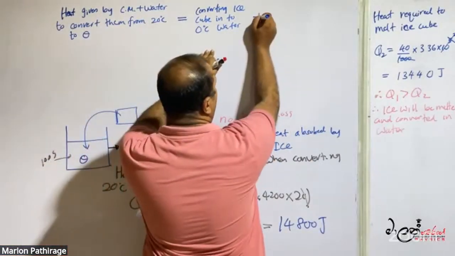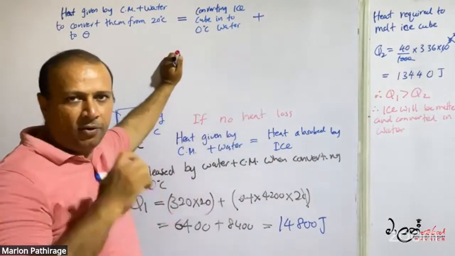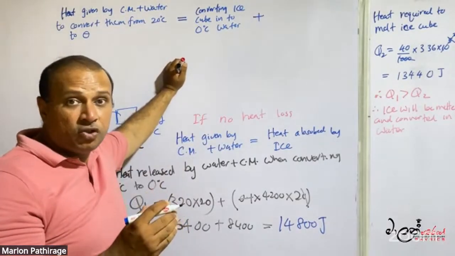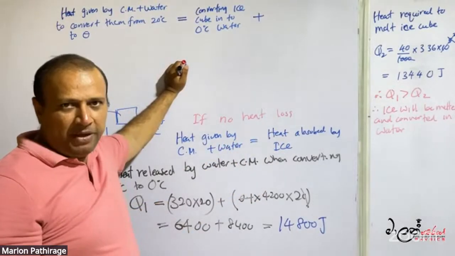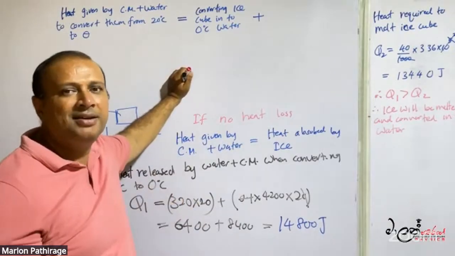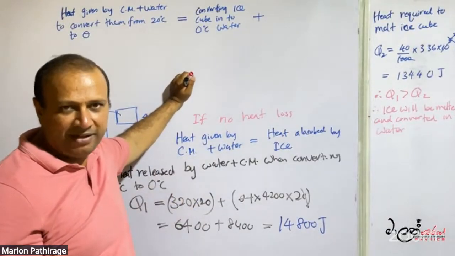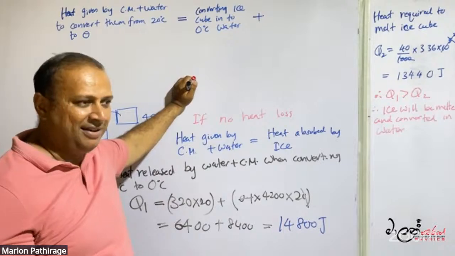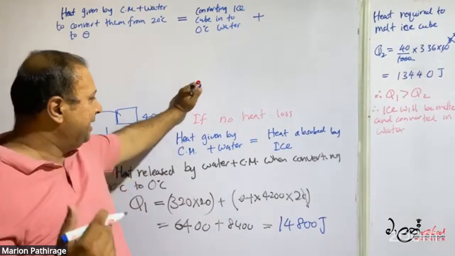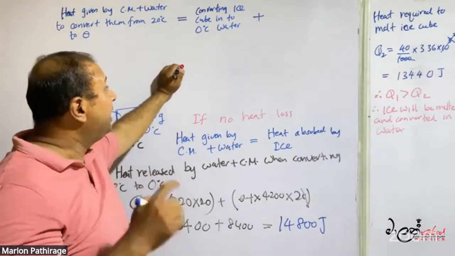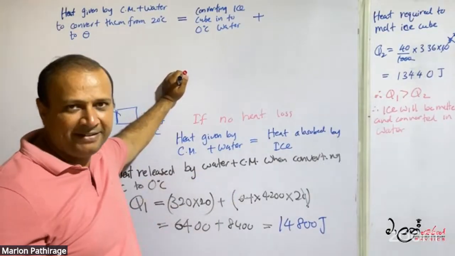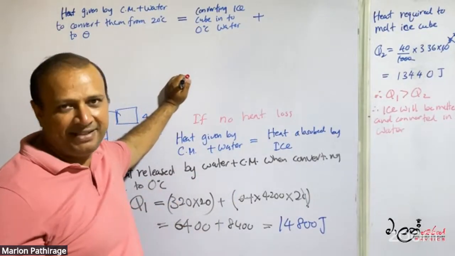Now this water is at 0 Celsius. The temperature of that water should be increased up to the final temperature. That means 0 Celsius water is converted into θ Celsius water.